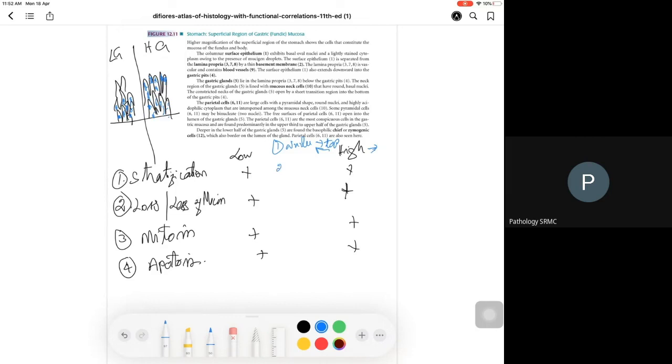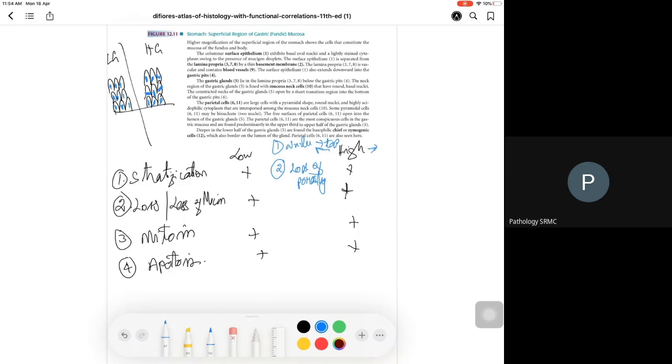Number 2, there is loss of polarity. And when you draw the nuclei, all the nuclei will be in one direction in the low grade, whereas in high grade, they will be in different directions. Number 2 is loss of polarity.